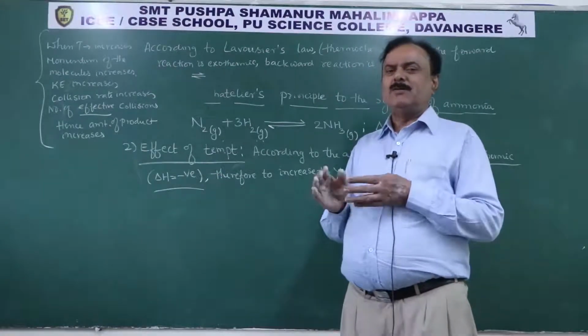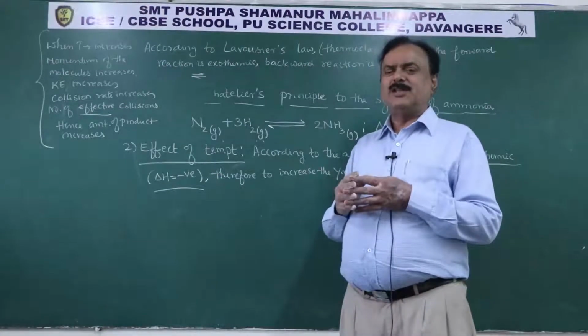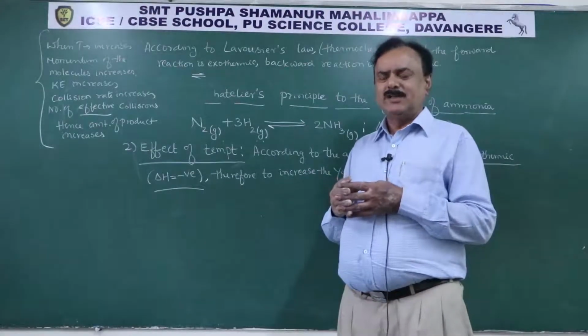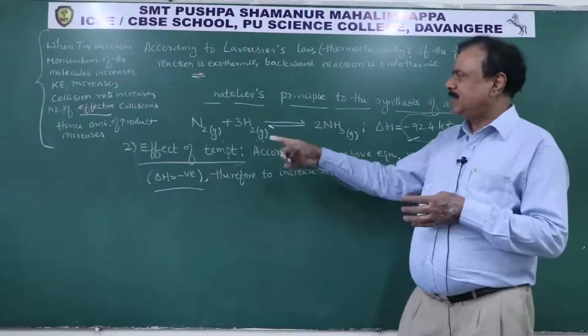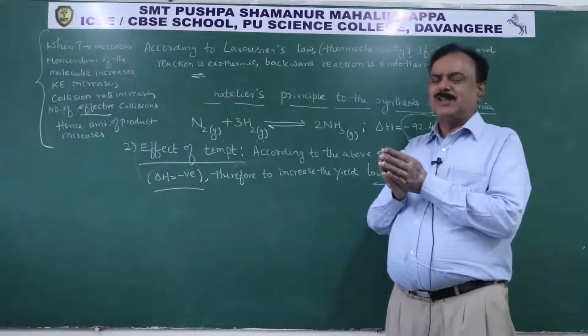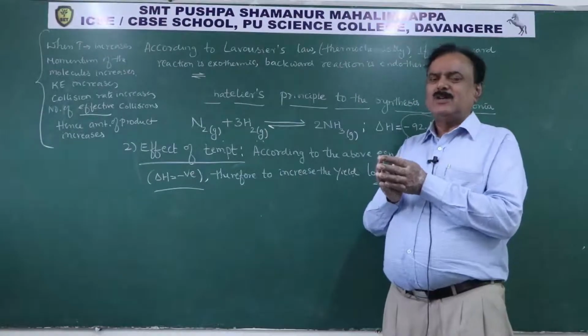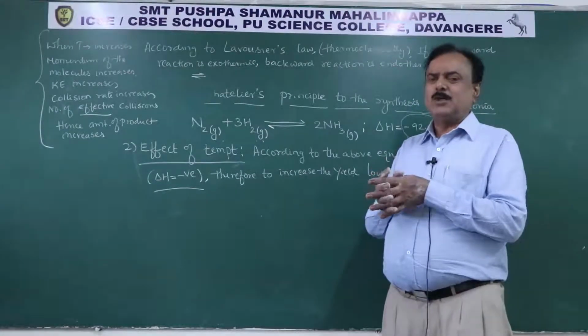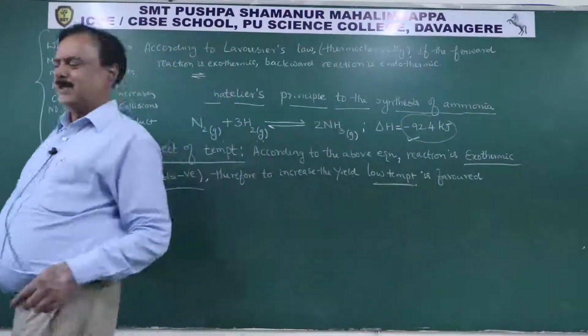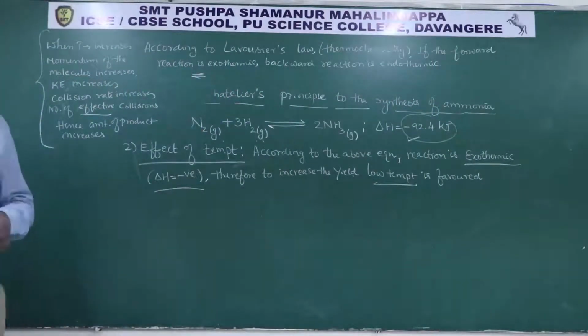But our objective is to reduce the temperature in the forward direction. By reducing the temperature, the molecules will not undergo collision with one another. That is the reason why an optimum temperature is required to bring about the maximum yield in the synthesis of ammonia. Is it clear? Okay.